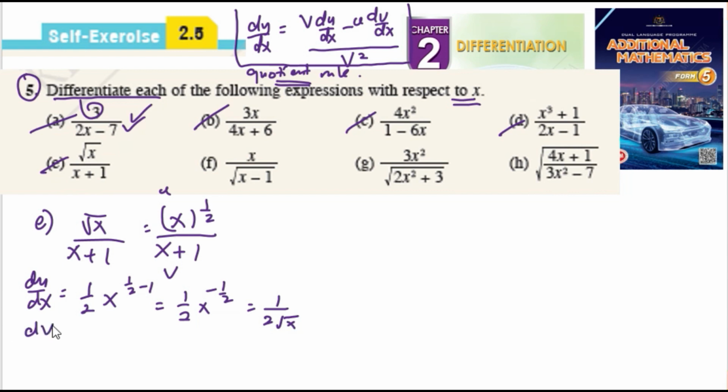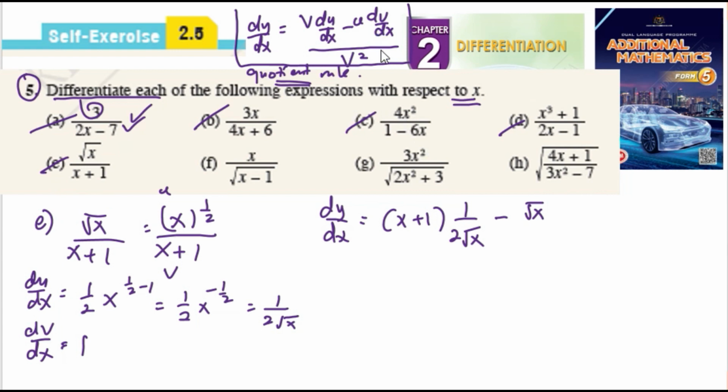And then our dv over dx is x plus 1. When we differentiate, we get 1. Okay, so dy over dx is equal to, here our v is x plus 1, our du over dx is 1 over 2 square root of x, minus our u here is square root of x because you have differentiated, right?